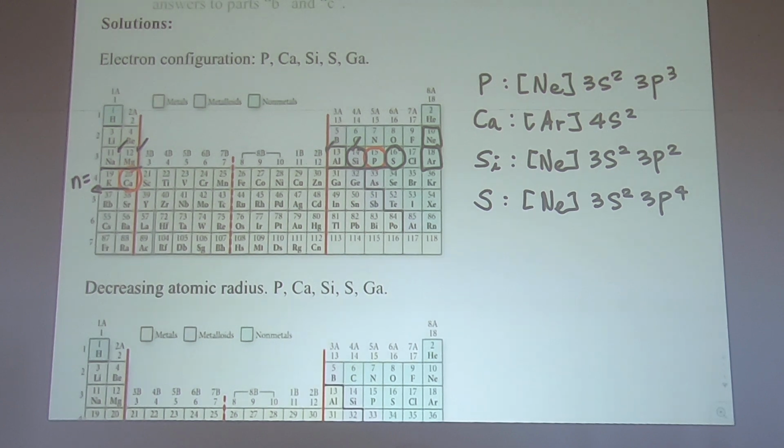And the gallium is right here, number 31. Going backward, you end up seeing the argon. So argon, and then you need here a 4s2, and you need the whole thing: 3d10, and then 4.